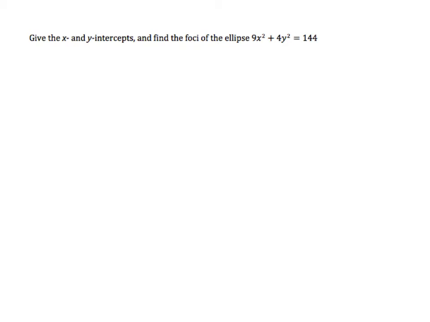So now I'm given an equation of an ellipse. It kind of looks like the equation of a circle, but don't be fooled by this. The key difference is that you've got these coefficients on x squared and y squared. That's how you know it's not a circle, but it's an ellipse. What you have to do is get this side equal to 1, so you have to divide everything by 144.